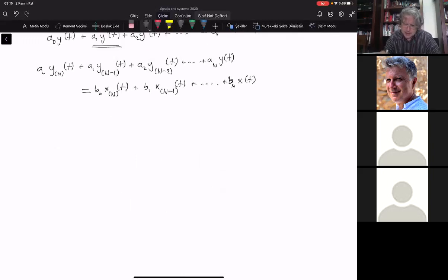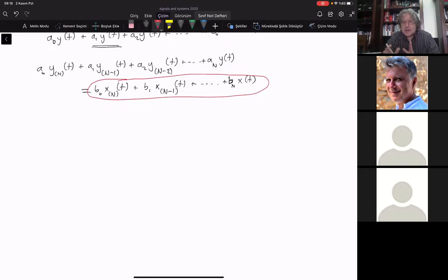Let me draw it. Now, how can I draw it? First, let's try to look at this input expression. I'm going to draw this as the block diagram using integrators.